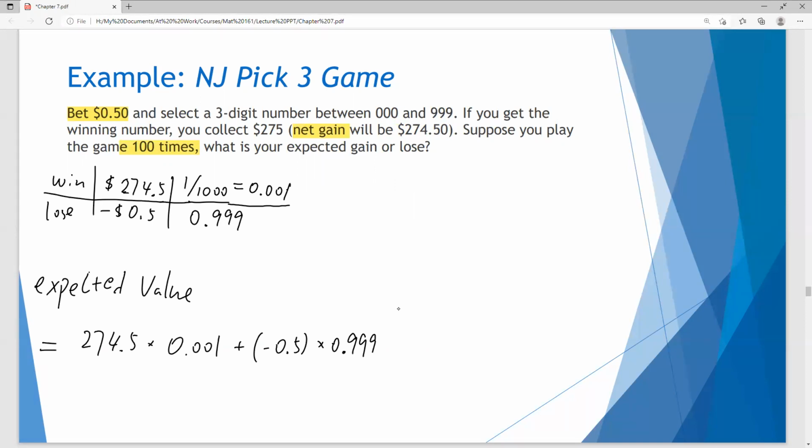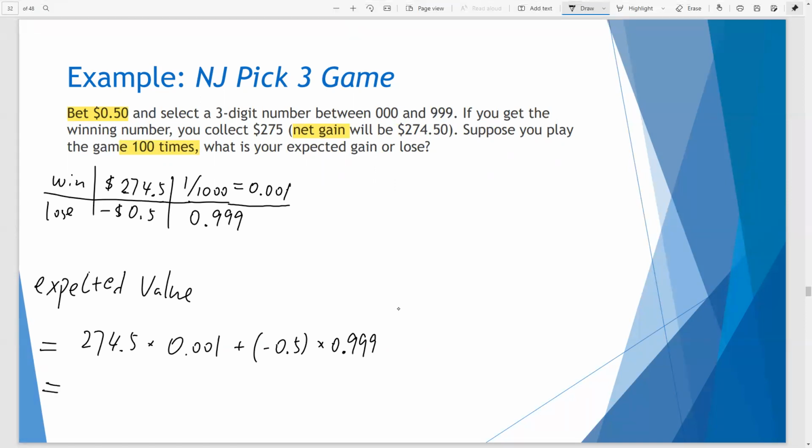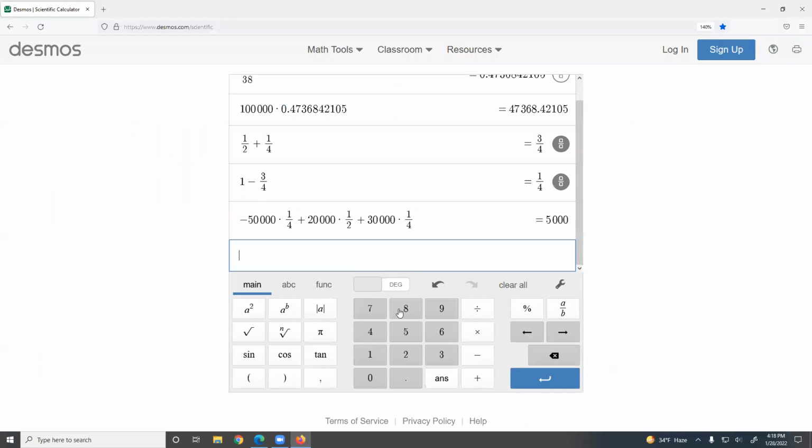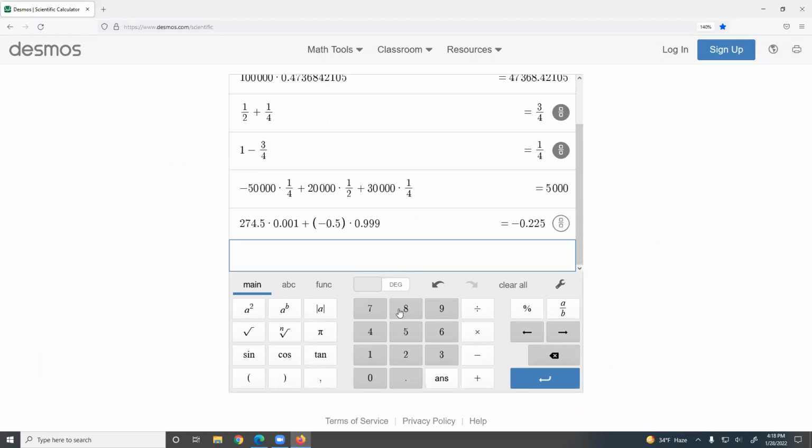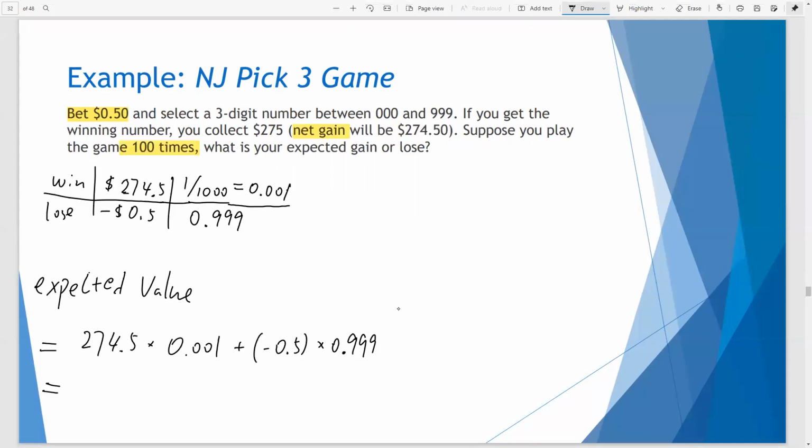That's a single play. So we use the calculator: 274.5 times 0.001 plus negative 0.5 times 0.999. That's negative 0.225, or if you want to put in a dollar sign, that is losing 23 cents.